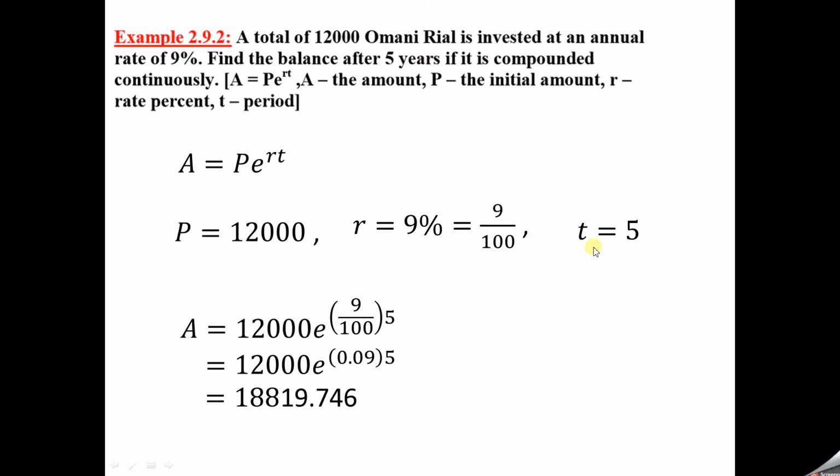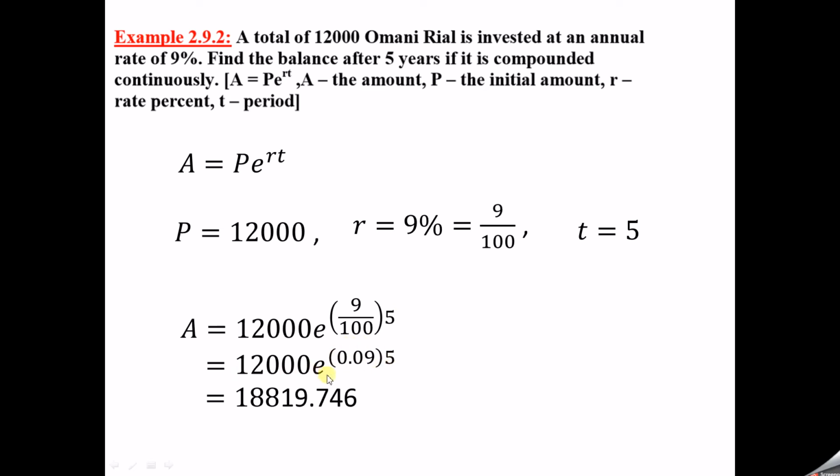So T is 5. After getting P, R and T, let us put them in this equation. A is equal to P value 12,000, e power R, which is 9 by 100, times T, which is 5. 9 by 100 is nothing but 0.09, multiplied with 5, and this is in the power.